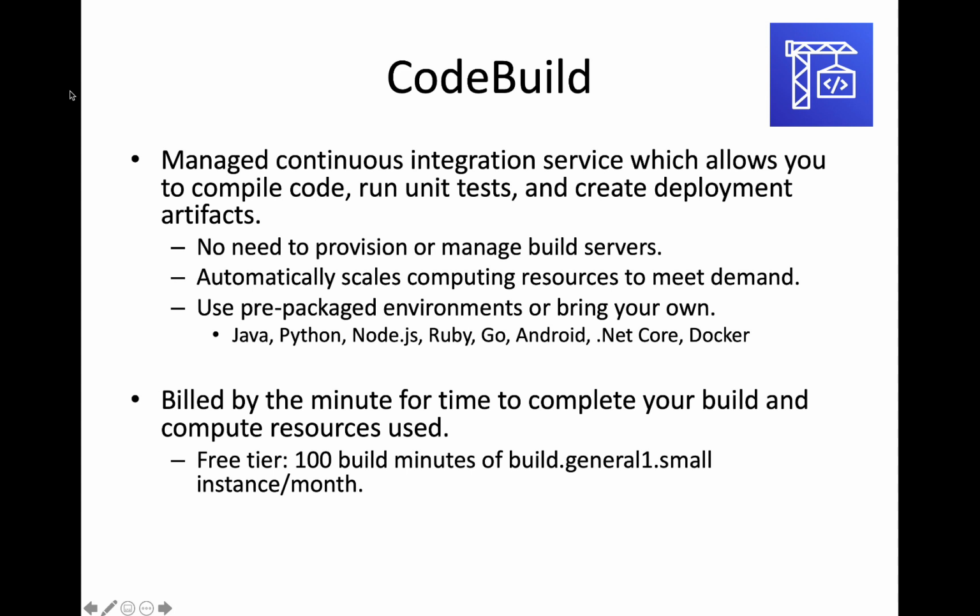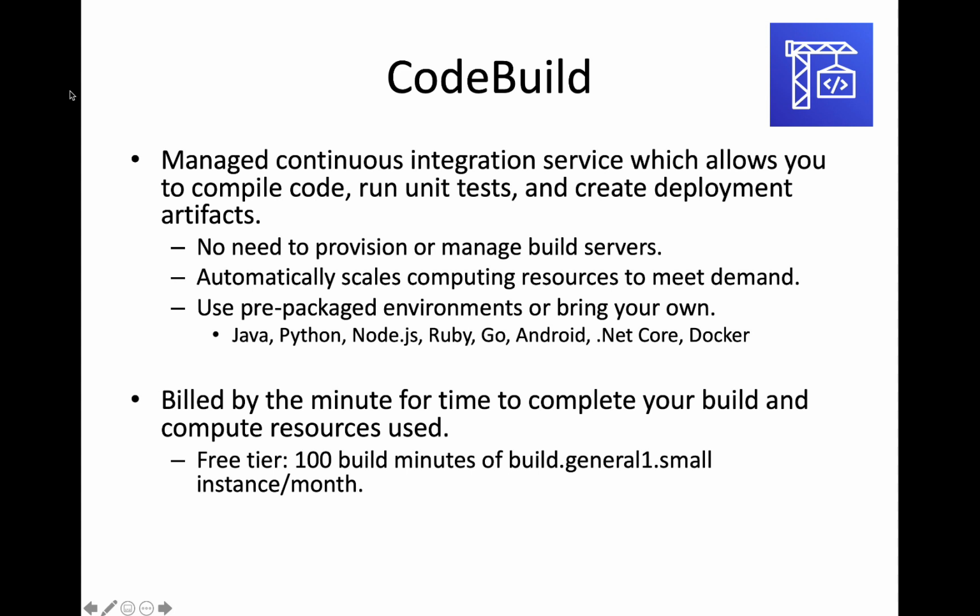In terms of billing, the Codebuild service is billed by the minute. So every minute it takes to run your build, you will get charged for by AWS. And there is a free tier available for the Codebuild service. You can run a small build instance, what's called a build.general1.small instance type.